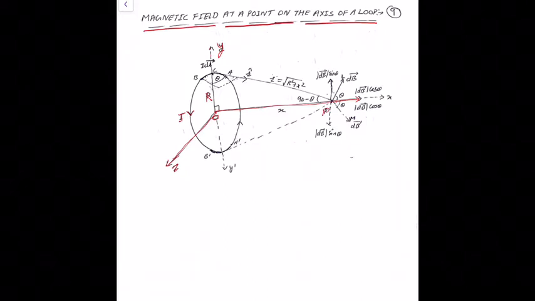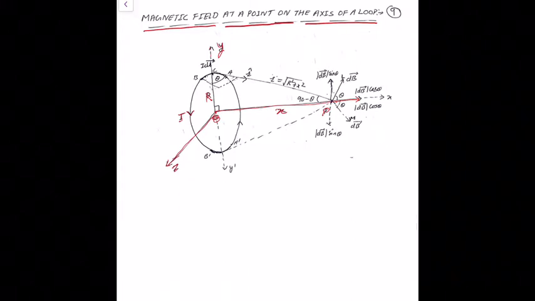Let P be the point on the axis of the loop at a distance OP equal to x from its center O, where the magnetic field due to circular loop has to be determined.